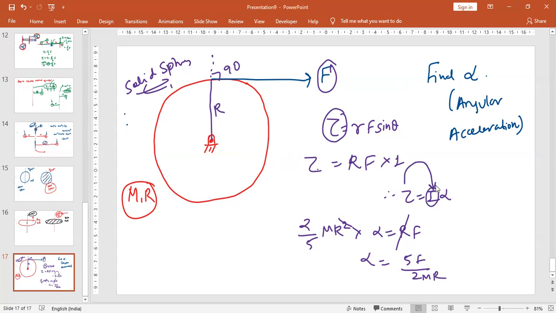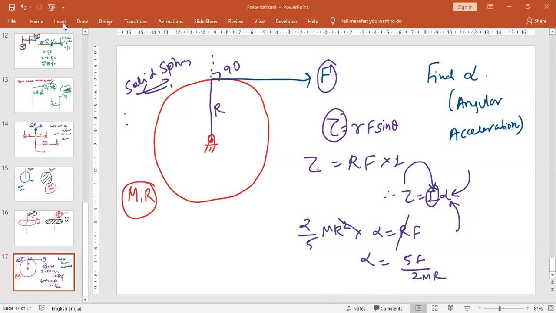Moment of inertia you have to remember. From here you can calculate angular acceleration alpha. Okay, so this is how you have to calculate angular acceleration alpha in this question.